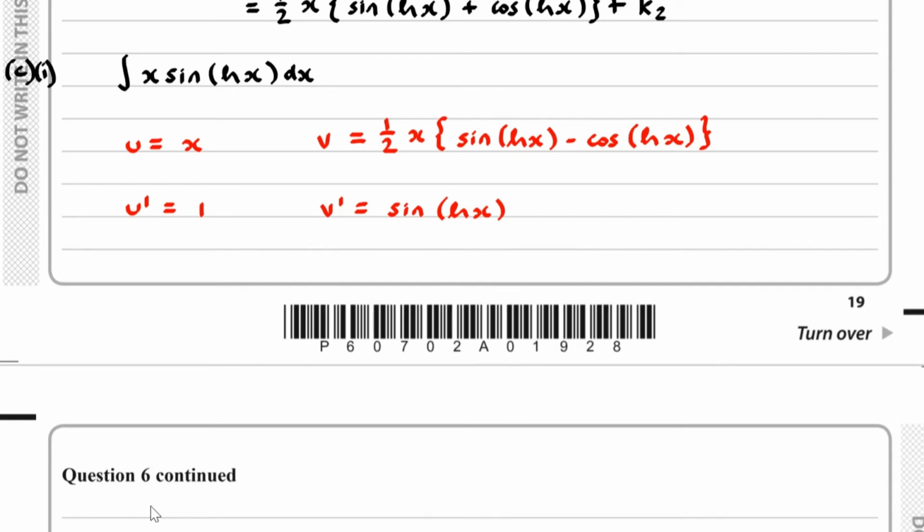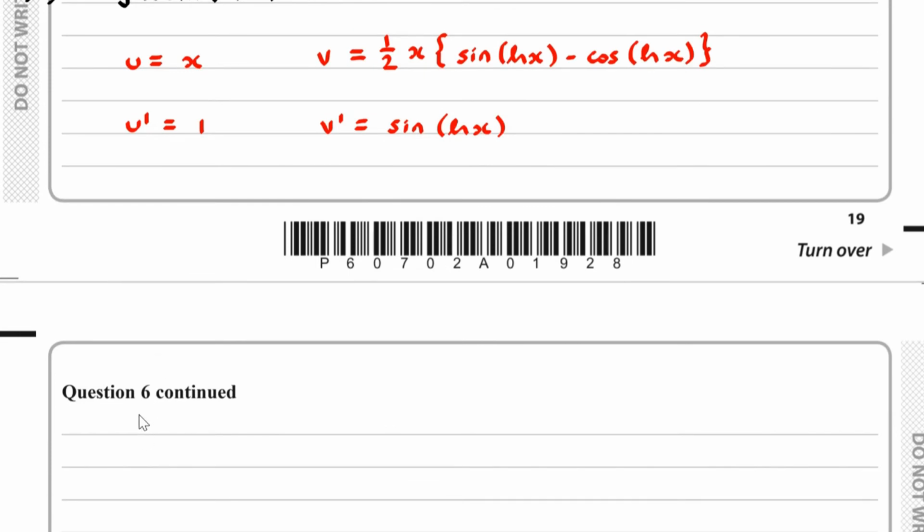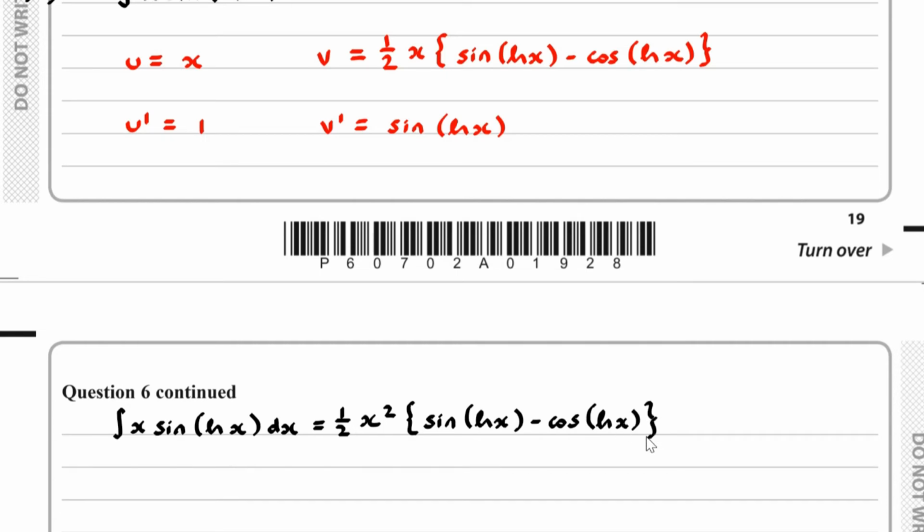So what we have then is the integral of x times the sine of the natural log of x equaling, well, I've got u times v, so that's going to be 1/2 x squared times the sine of the natural log of x minus the cosine of the natural log of x, and then we subtract the integral of v u dash.